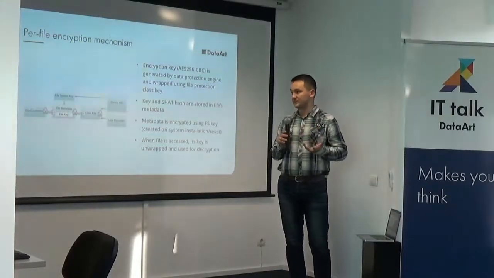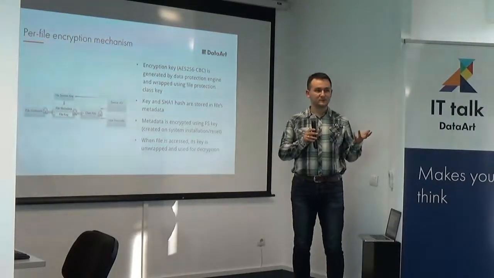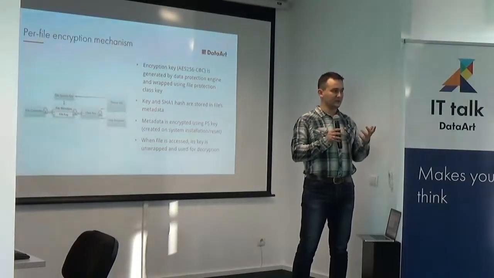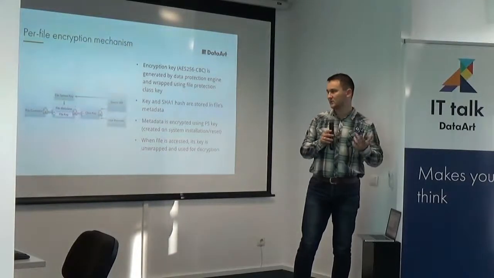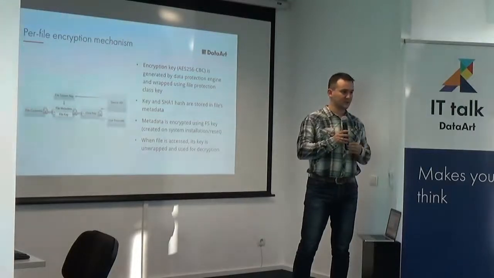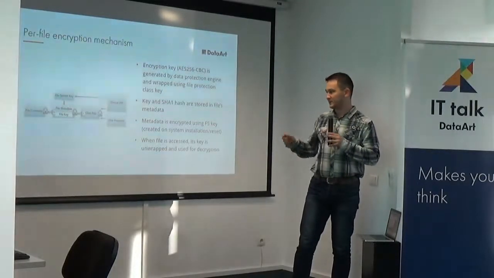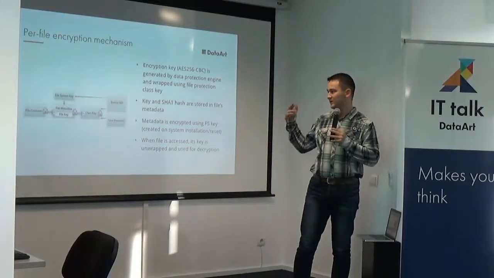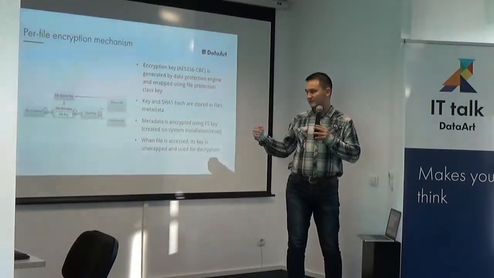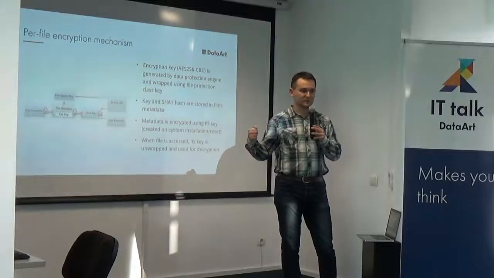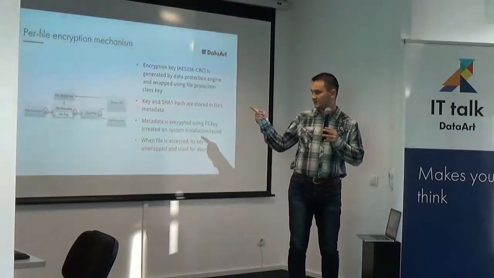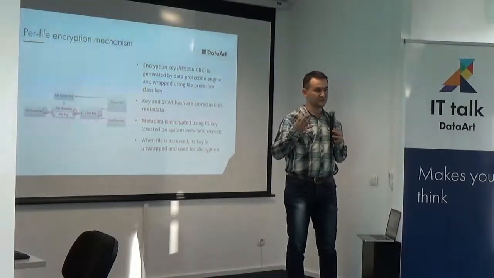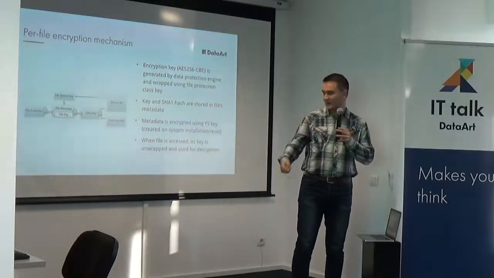So how does it work actually? Each file has its own file key, and this file key is included into the file metadata. File metadata is encrypted by using the file system key, which is derived from the device unique ID, and the file key is also encrypted using the file protection class key. So we have 4 different file protection classes.